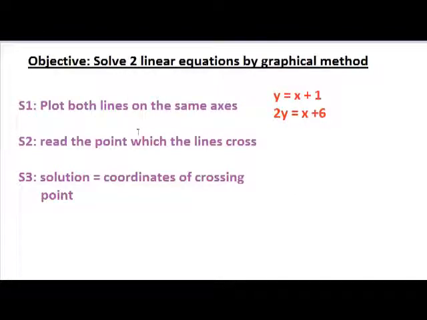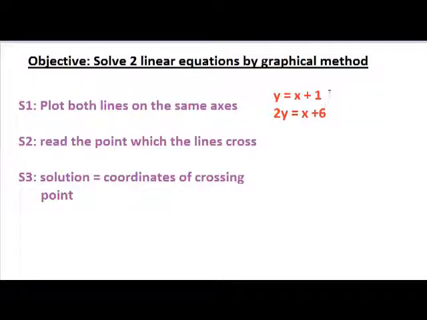So let me summarize the 3 steps in solving two linear equations by using graphical method. Step 1, we need to plot both lines on the same axis. Step 2, we need to read the point where the lines cross one another. And step 3, the solution that works for both equations is equal to the coordinates of the crossing point.